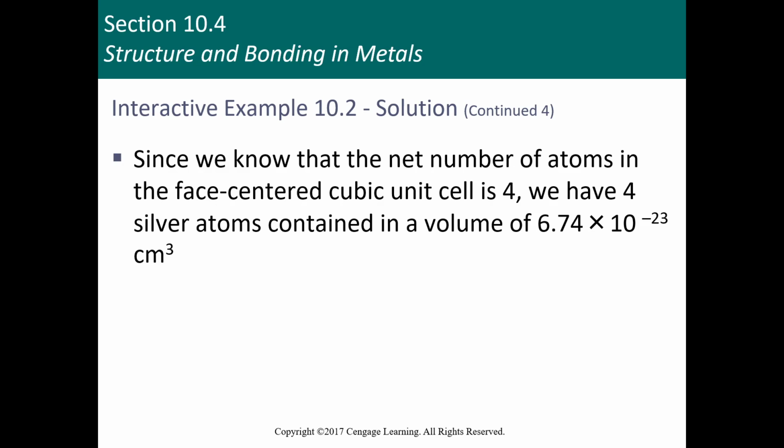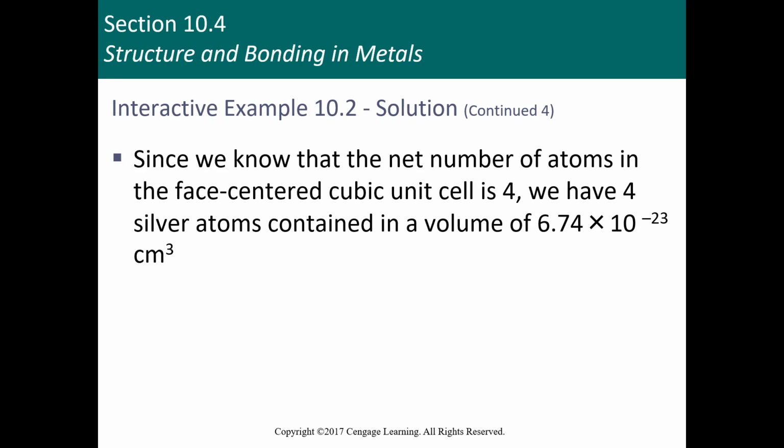Since we know that the net number of atoms in the face-centered cubic unit cell is 4, we have 4 silver atoms contained in a volume of 6.74 times 10 to the negative 23rd centimeters cubed. Where did I get that 4? Well, I got that from the previous example where we did the math of how many spheres are in a face-centered unit cell.